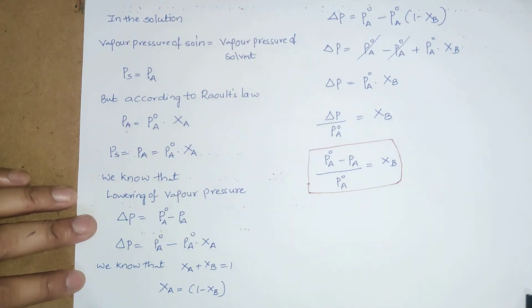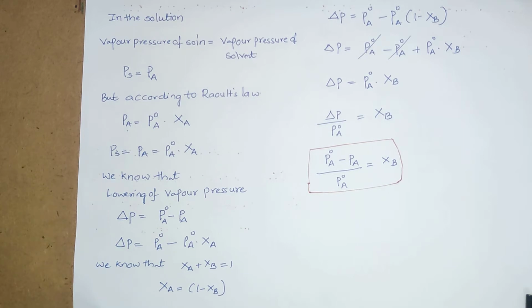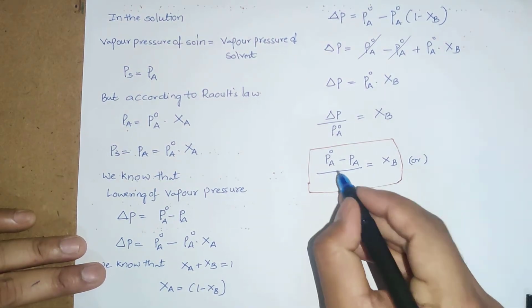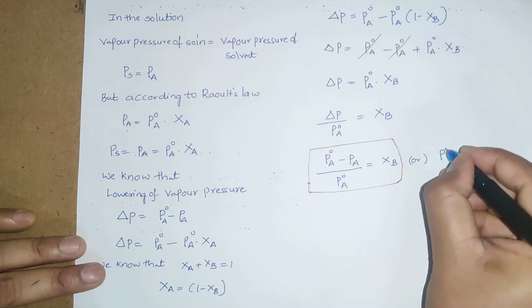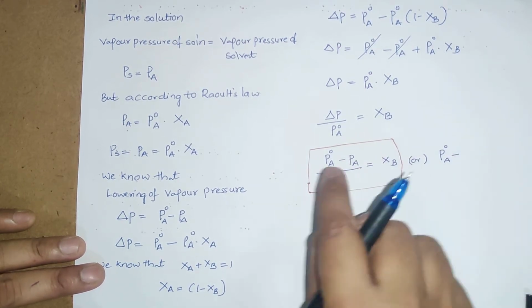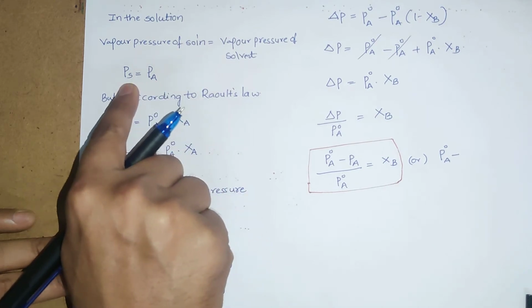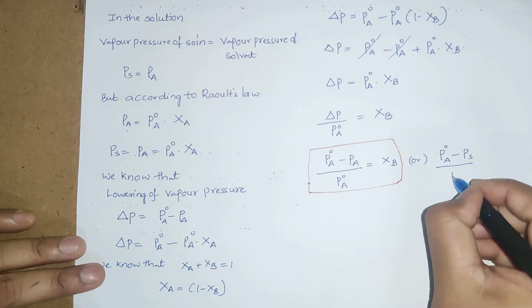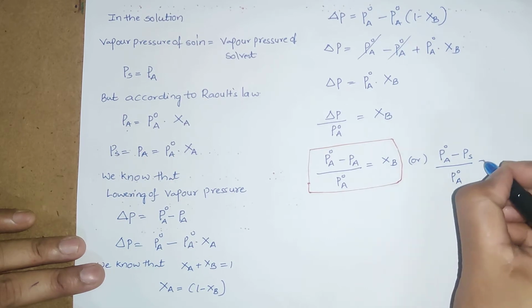Here, simply we may also write it like this: P naught A, that is the vapor pressure of pure solvent, minus PA. PA we may also write as PS. So (P naught A minus PS) by P naught A is equal to XB.